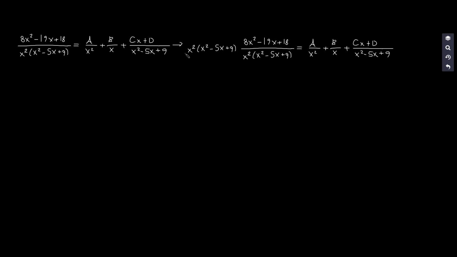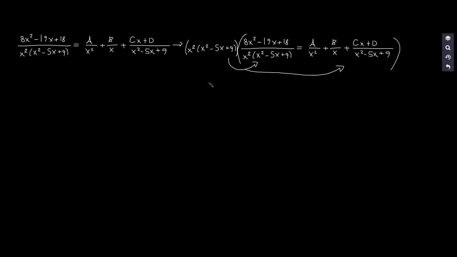So we're gonna multiply the entire thing, both sides, right side and left side, by x squared times x squared minus 5 times x plus 9 quantity. So what I'll do here, I'm gonna stick this in parentheses, and I'm gonna stick this entire thing in parentheses. This thing's gonna get multiplied to this side, and it's gonna get multiplied to this side.